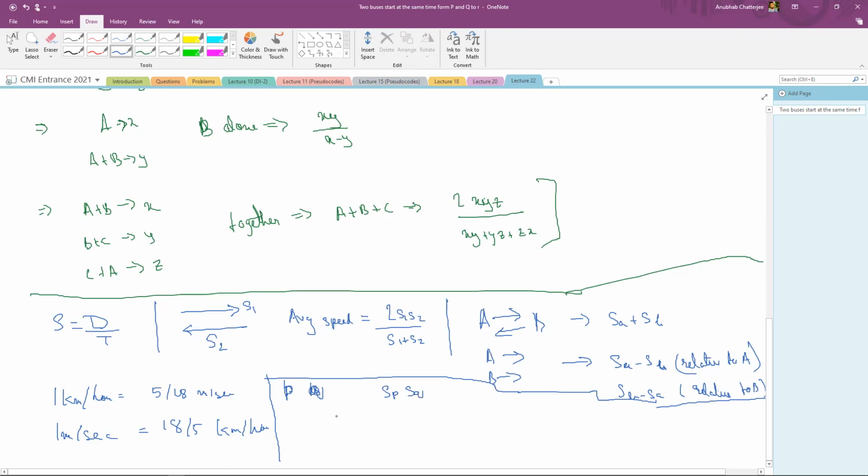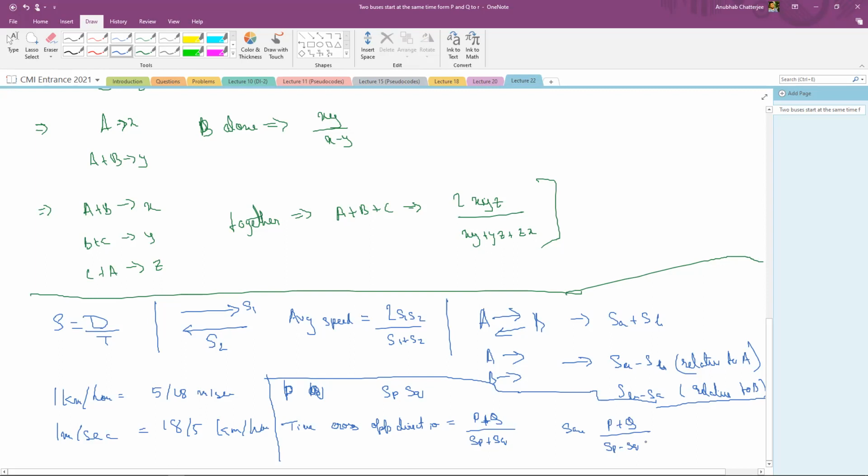Then the time taken to cross each other in the opposite direction is given by P plus Q, which is the distance. Basically, the length of both the trains is the distance, divided by SP plus SQ. And of course, for same direction, it will be P plus Q by SP minus SQ.